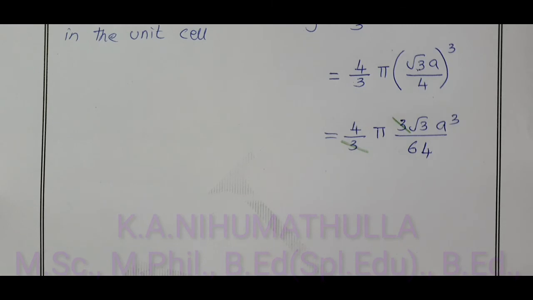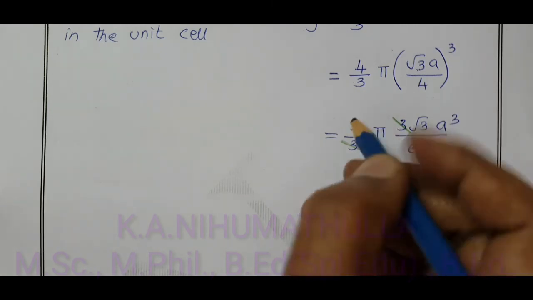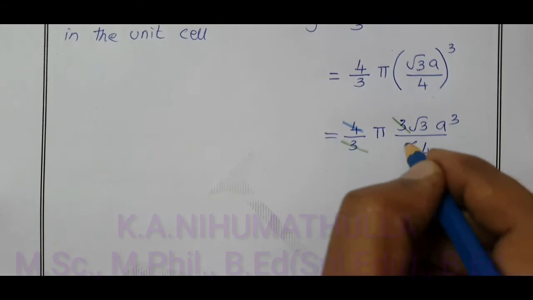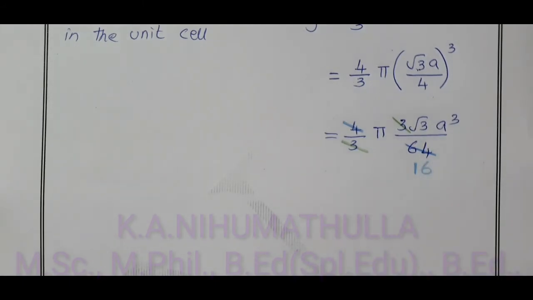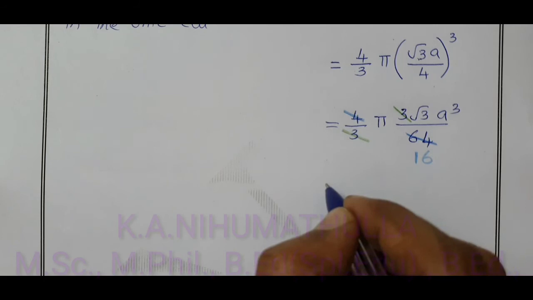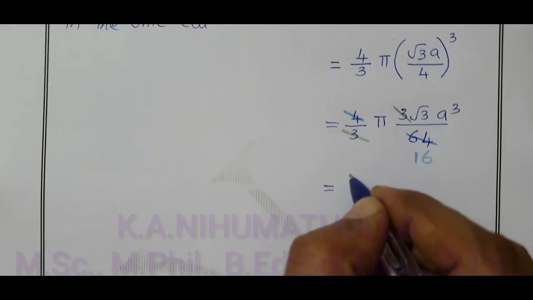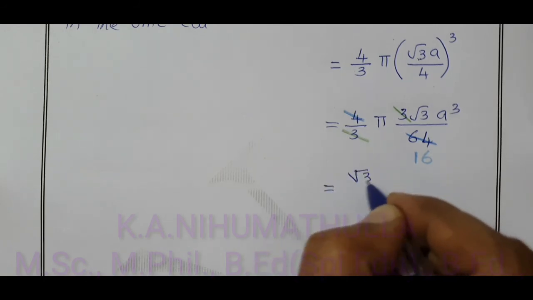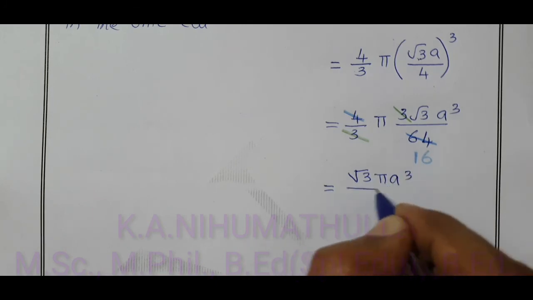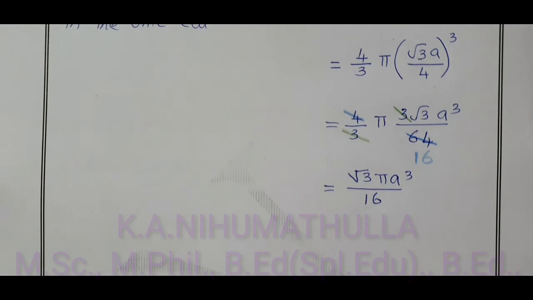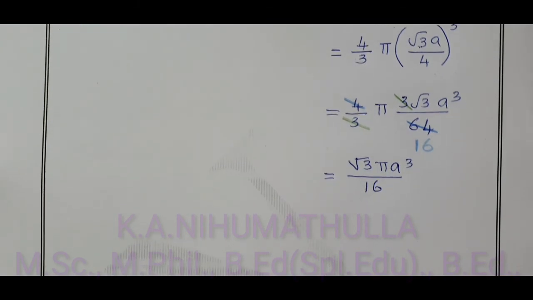Then we can cancel one more value. 1 4 is 4, 16 4s are 64. What is our numerator value? Root 3 pi A cube divided by 16 is the volume occupied by the sphere in the unit cell.